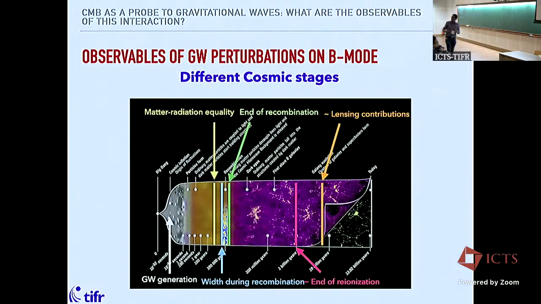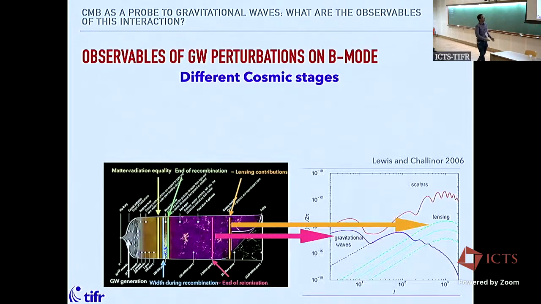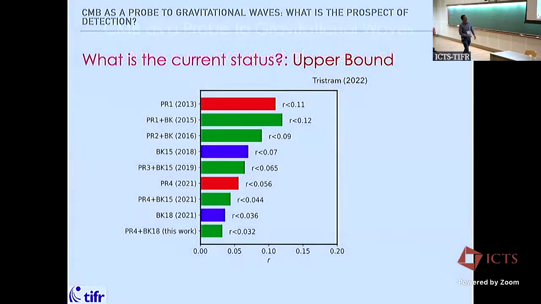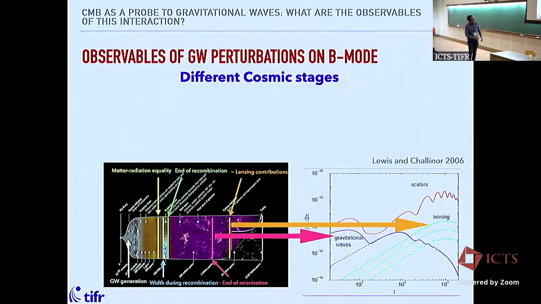So you have free electrons with a density much lower. The universe was smaller here, so the density has gone down. So what happens is that every electron at any time around here sees a local quadrupole in temperature. Any local quadrupole fluctuation will lead to E mode, will lead to B mode. Okay, that's what you see, this bump here.